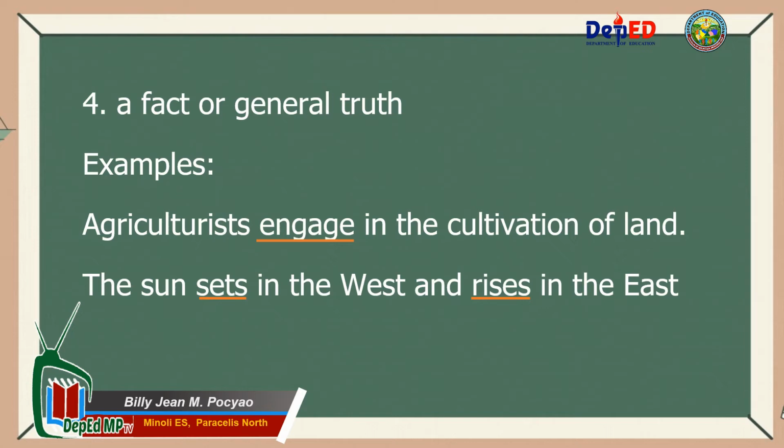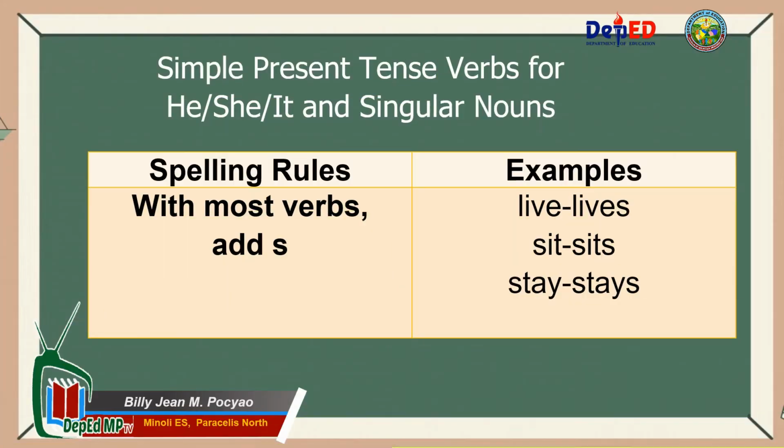If it is plural, it uses the simple or base form of the verb, like agriculturists is plural, so engage has no s. Let us study the simple present tense of verbs for he, she, it, and singular nouns.